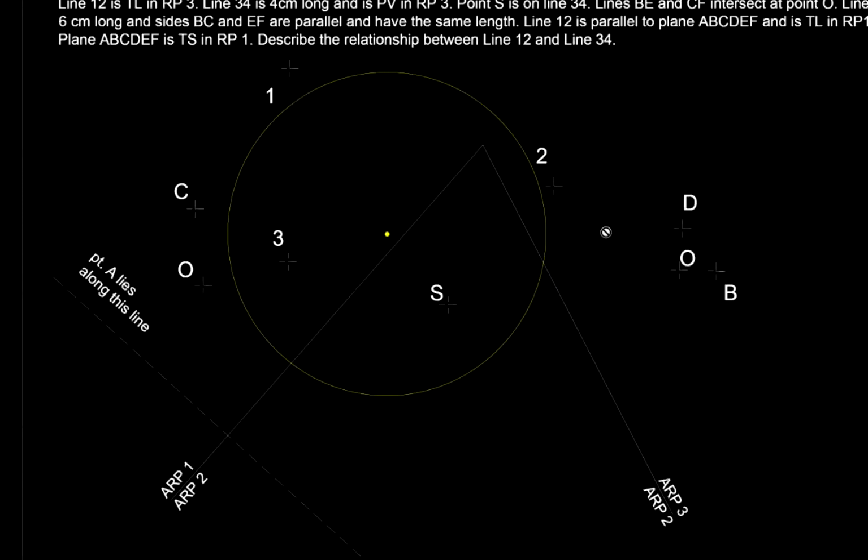Tapos ang sabi daw, naka true length daw si 1, 2 in RP3. Okay, so whenever we have a true length, ibig sabihin nun is, yung view before sa kanya is either parallel sila or naka point view siya. Tama?